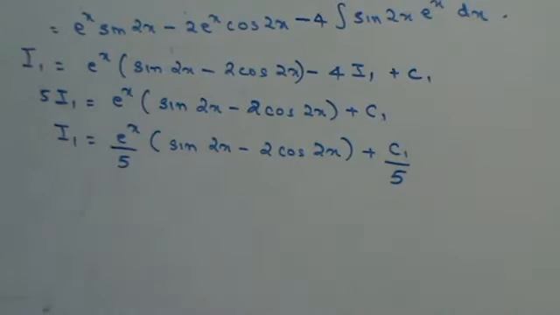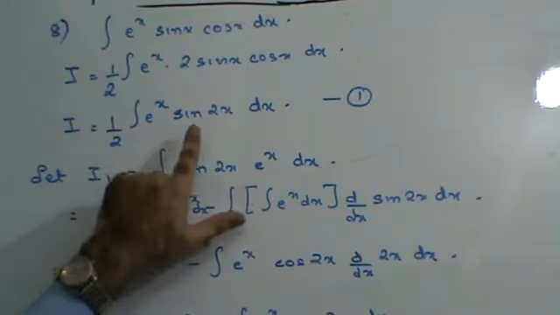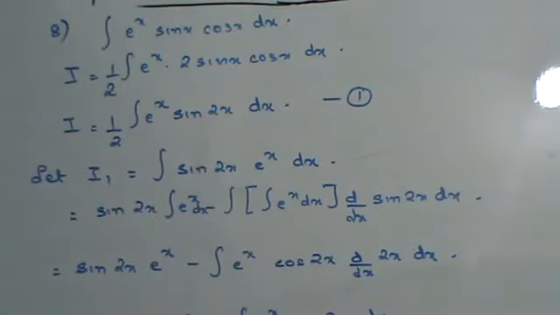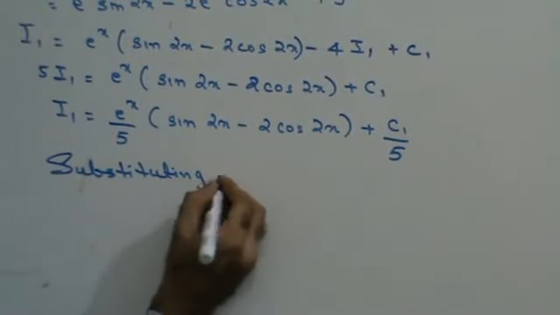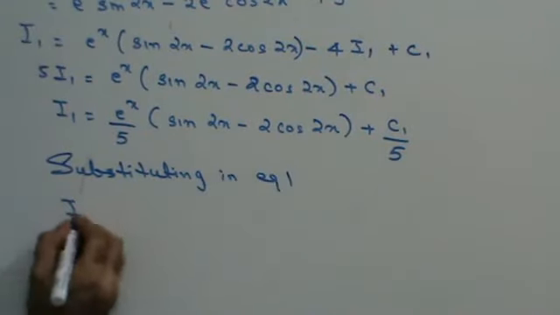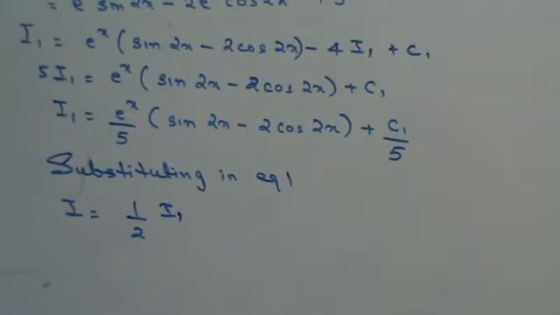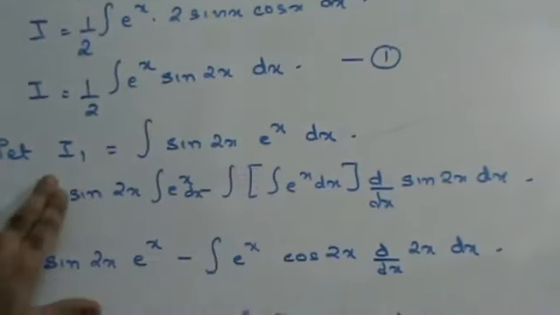Substitute this in equation 1. Can you please see equation 1? Equation 1 was I is equal to half integral of e raised to x sin 2x dx, which I had assumed as I1. So substituting in equation 1, I'll get I is equal to half I1, because integral of e raised to x sin 2x dx I had assumed as I1.